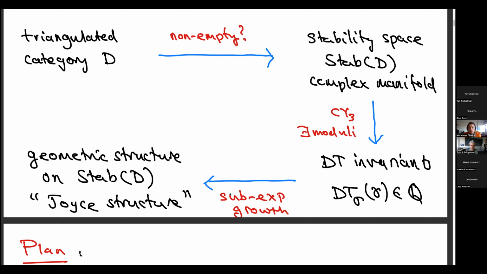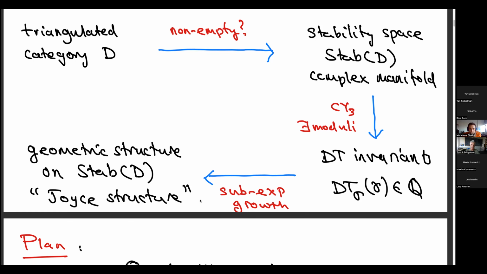They can rigorously construct some geometric structure on Stab(D), which is quite closely related to what I'm talking about here. It's a weaker structure, I would say. It's more like a germ of this structure. Again, I'll say a little bit more about that soon. So I'm optimistic that one day we will be able to understand this blue arrow, but for now I only understand how this works in some examples.